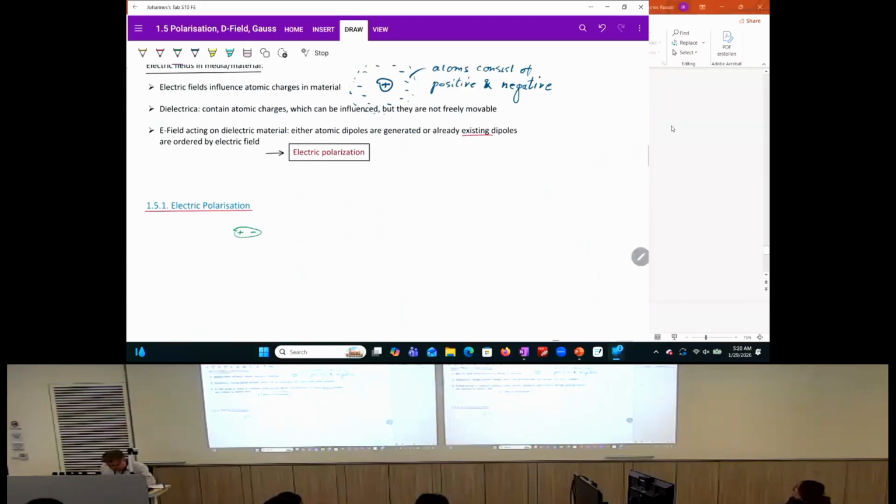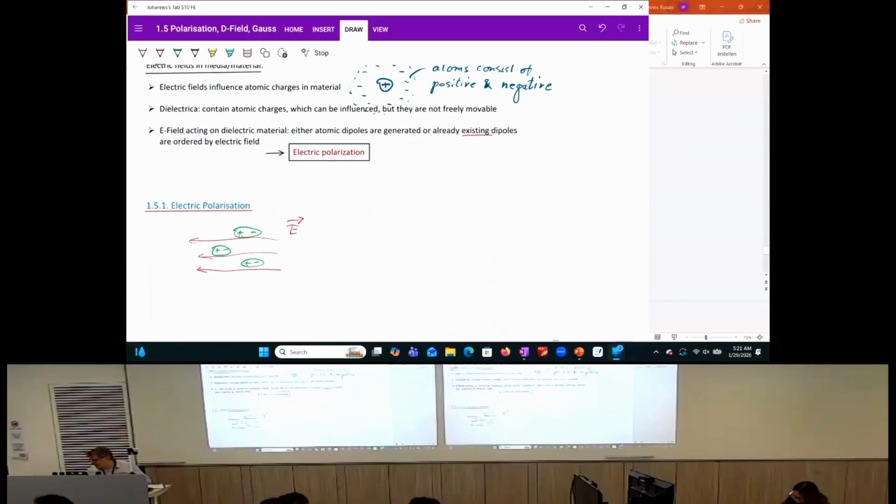Now you can have these molecules, and you see already here the plus is on one side, the minus on the other side. So it clearly exhibits a dipole moment, right? And if you have an electric field, sorry, this should be rather straight lines here, then you see these little bubbles, these molecules.